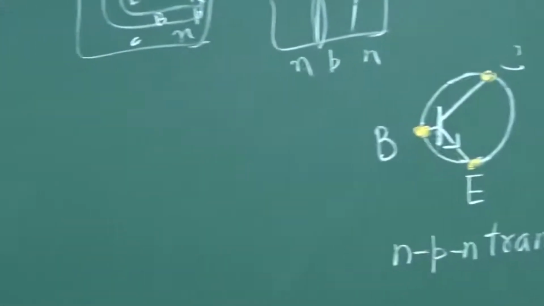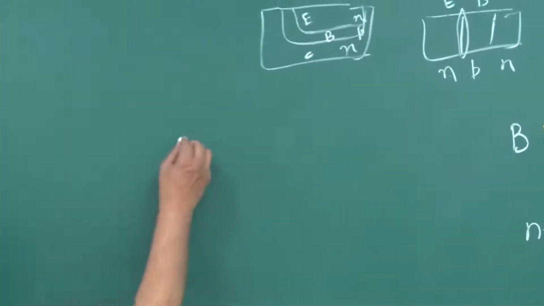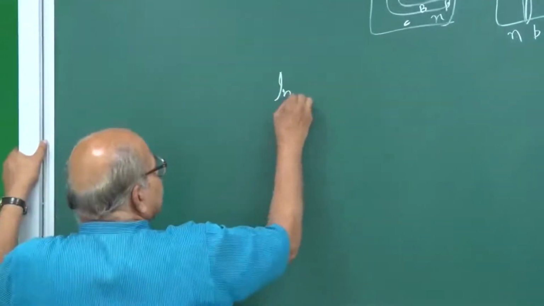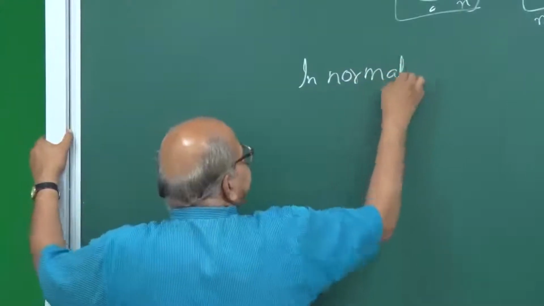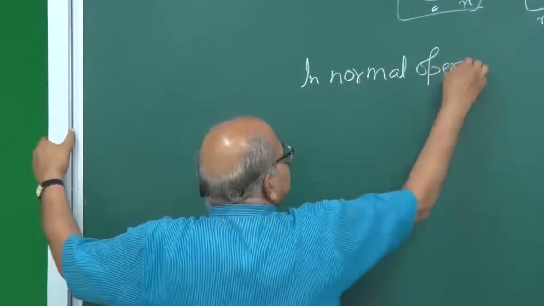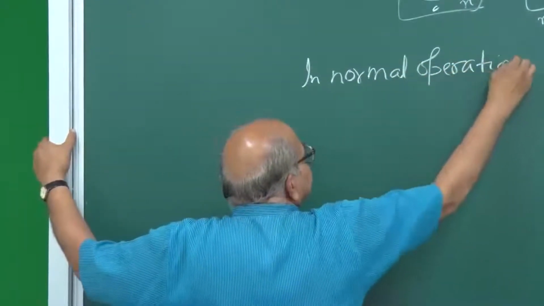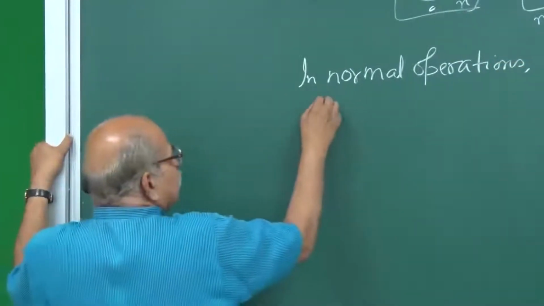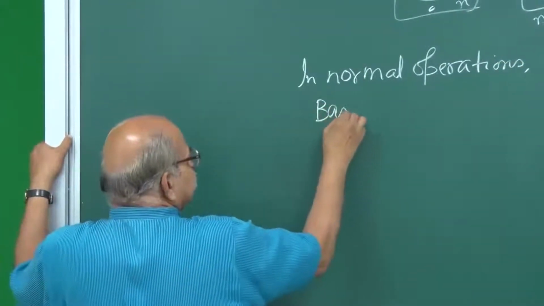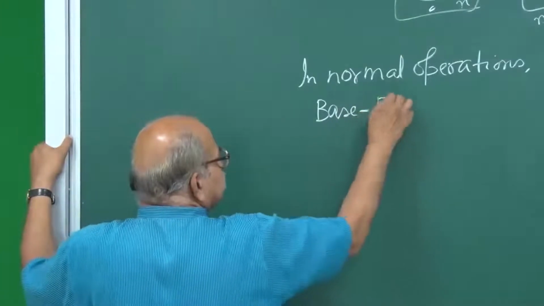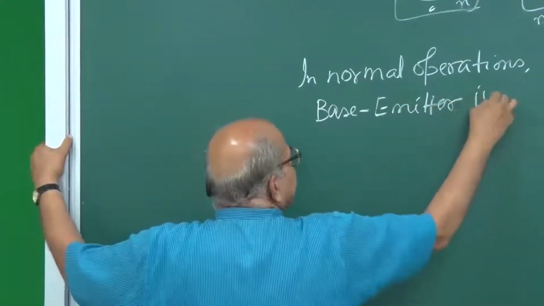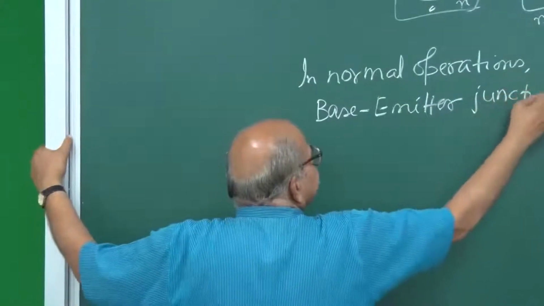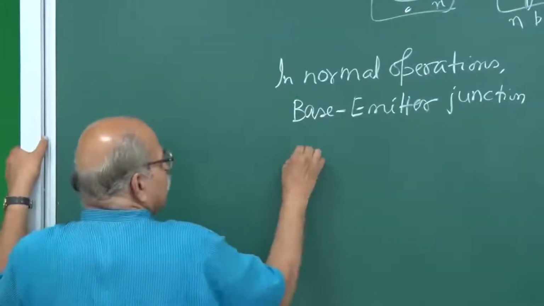This is a very important result, and you should always remember this: in normal operations, this base emitter junction, and junction means PN junction, is forward biased.